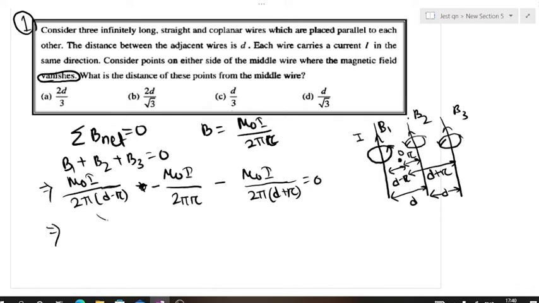So arrange the plus and minus terms and take common factors, all will be cancelled out. Okay, 1 by (D minus R) minus 1 by (D plus R) is equal to 1 by R.